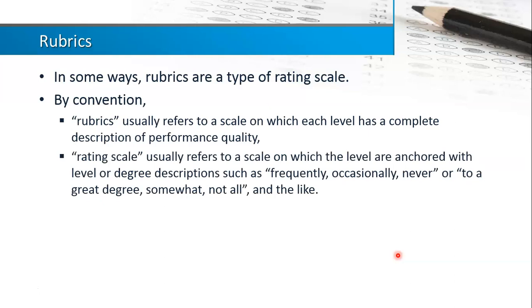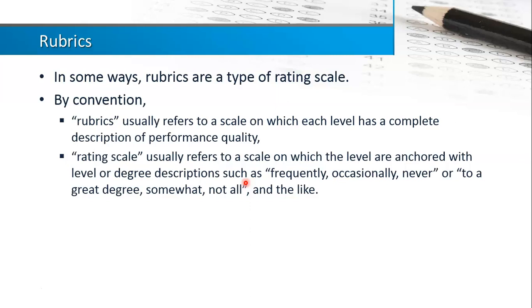It only tells in terms of the degree. It's either frequent or not frequent, done to a great degree or somewhat or not at all. So this is rating scale. So we can actually say rubric is a special rating scale. Okay, it's a specific rating scale.